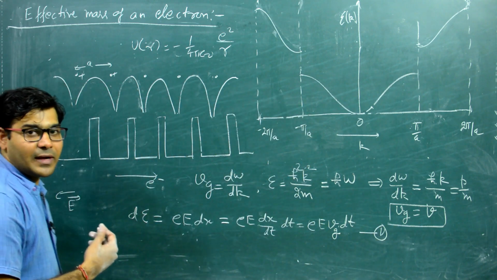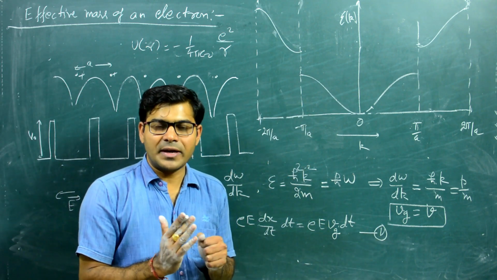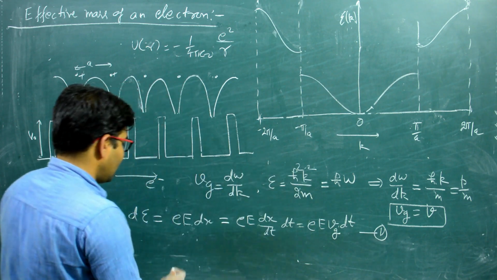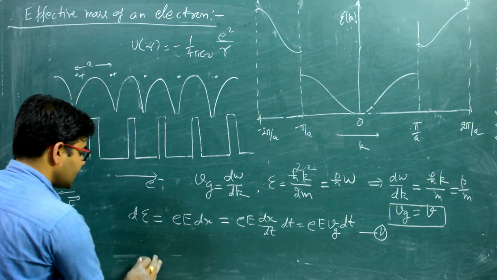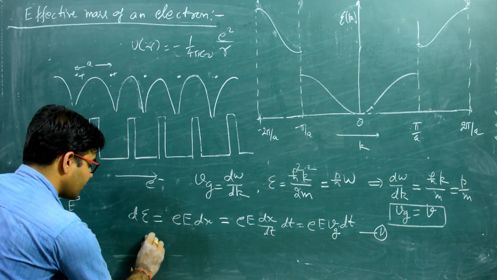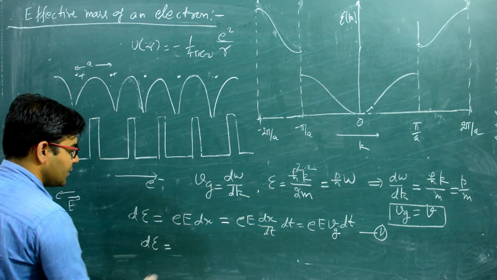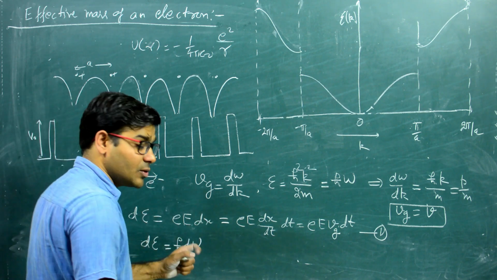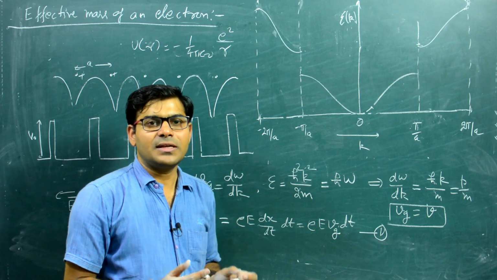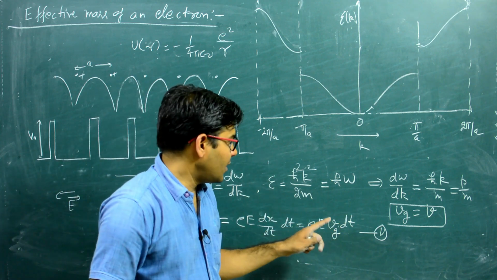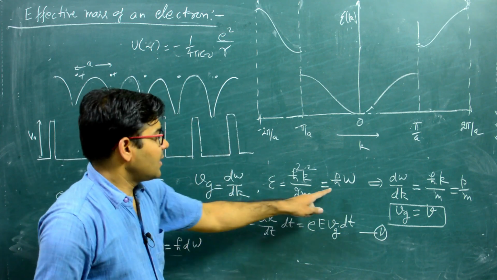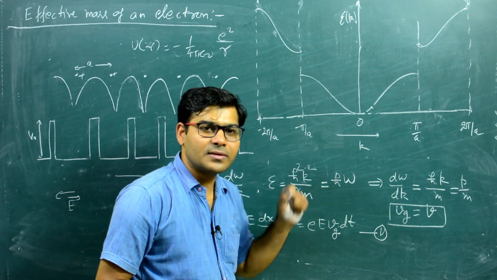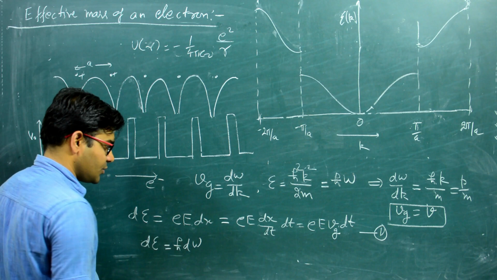Now there is another way of calculating this change in kinetic energy of the electron, change in total mechanical energy of the electron. What is that? The change in energy can also be calculated as d epsilon is equal to h cross d omega, because epsilon is equal to h cross omega. We have just used that, and if I differentiate it, d epsilon is equal to h cross d omega, so the change in the energy will be given by this relation also.